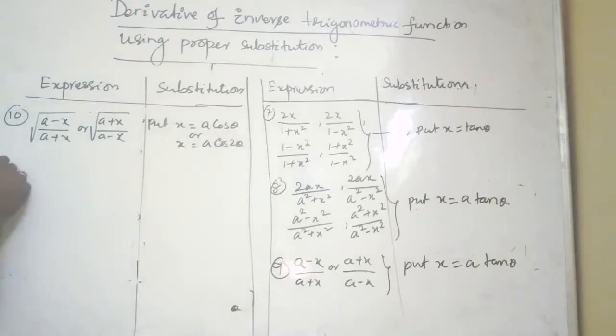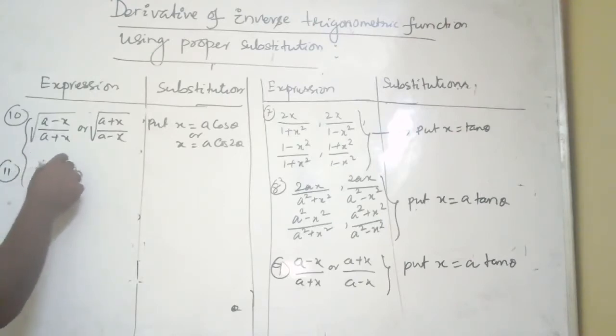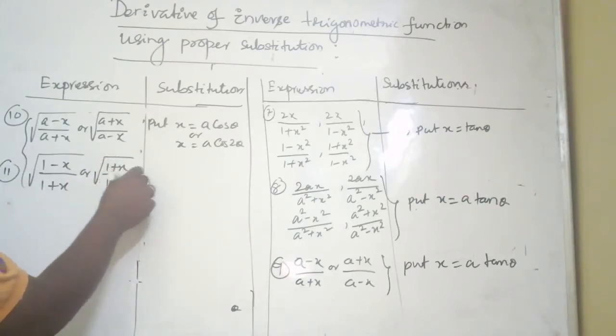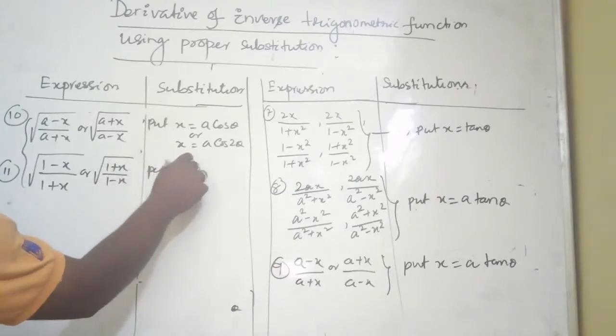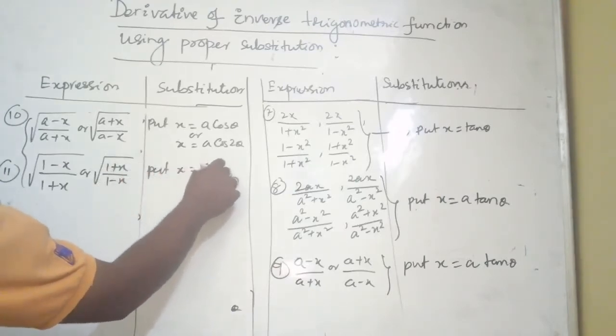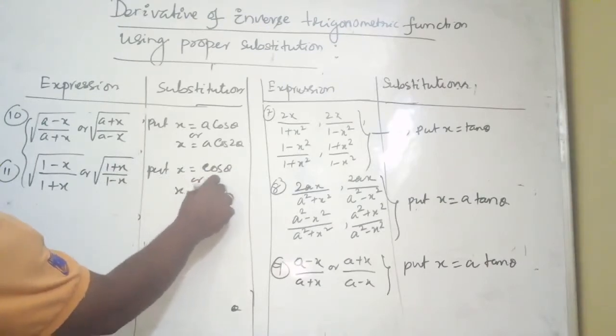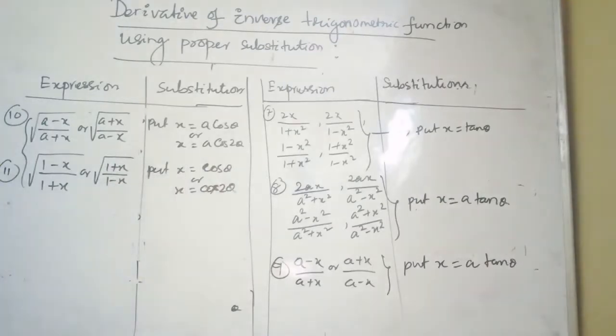Okay, 11. Now, suppose 1 plus x is present. These are similar: root over 1 minus x by 1 plus x, or root over 1 plus x by 1 minus x. Put x is equal to cos theta or x is equal to cos 2 theta.